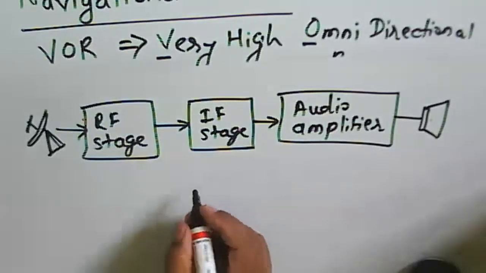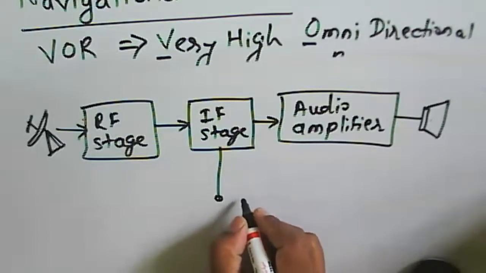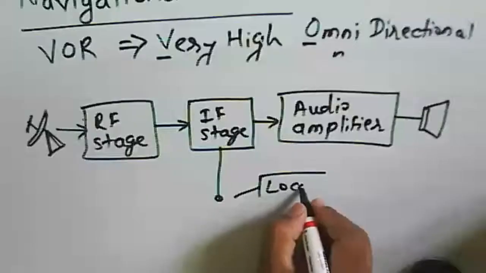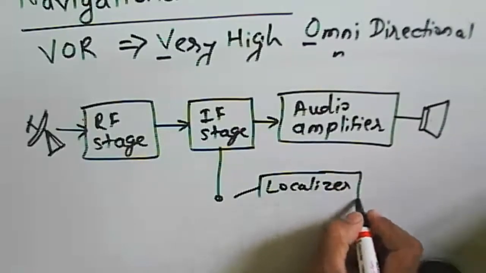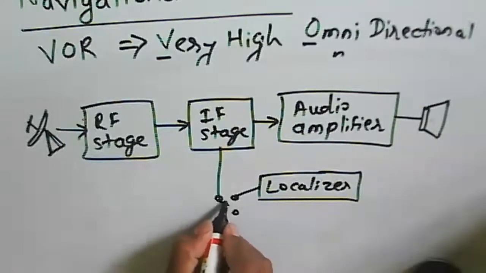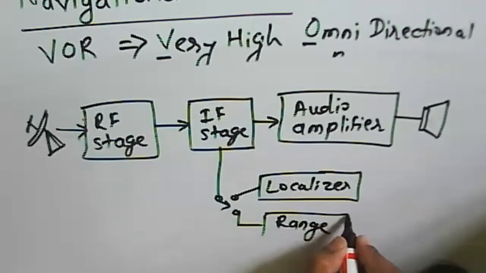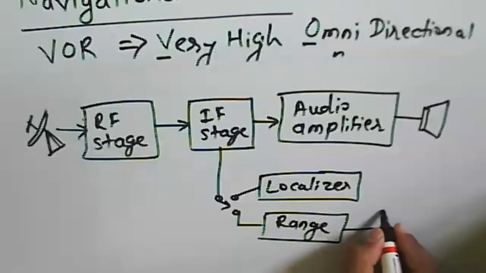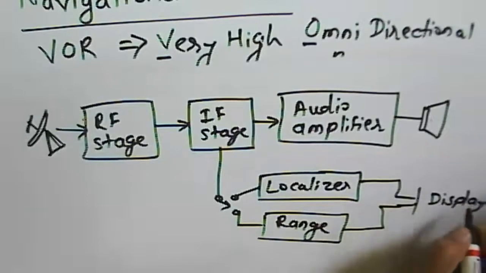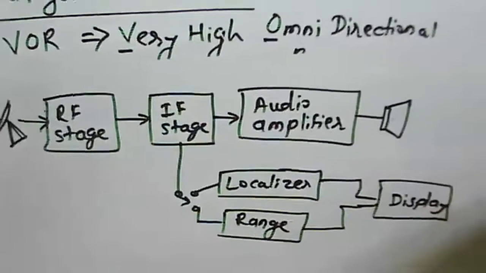So you can say an output here, then the IF stage output, there is a switch; one is for the localizer, we can say a filter, just like one particular filter, and one is to be used for the range. Then that will be displayed on the display device. So this one is about a display.